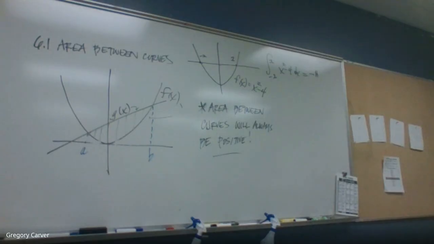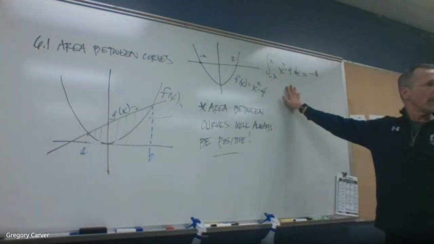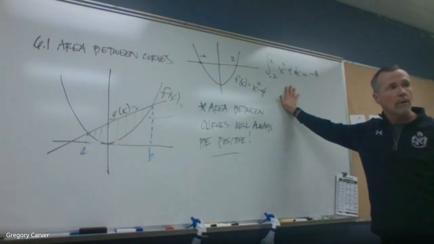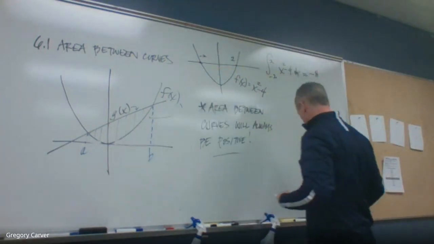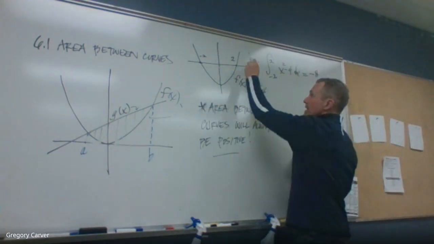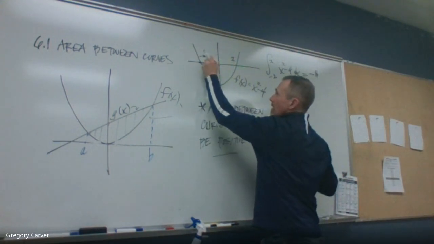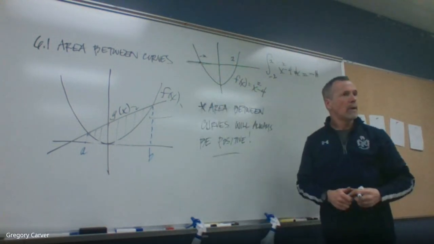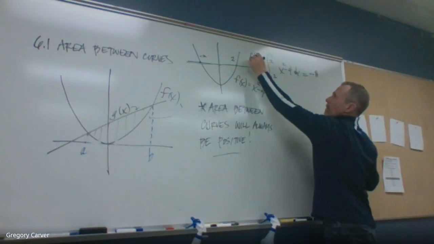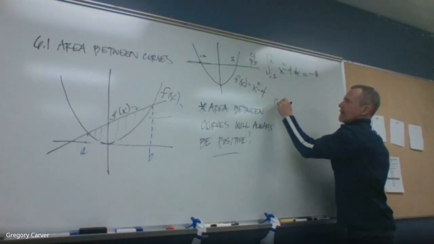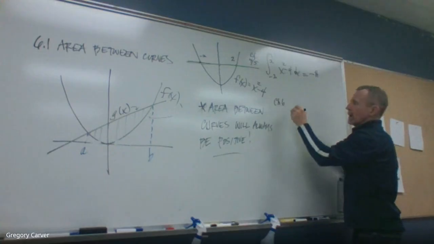In chapter 6, this is only one curve. Chapter 6 has two curves. So if I'm looking just for this area right here, do you guys agree that the upper curve is this curve right here. So the difference is this. So this is like chapter 4/5. In chapter 6, I'm going to do this.